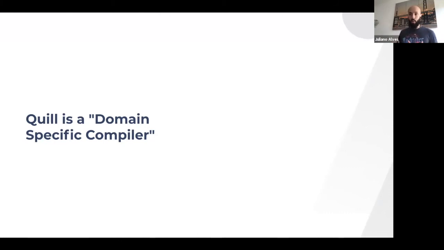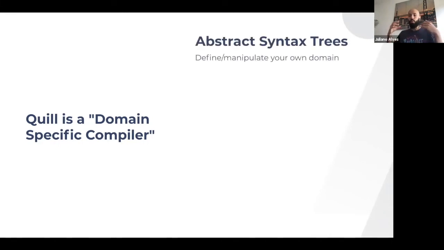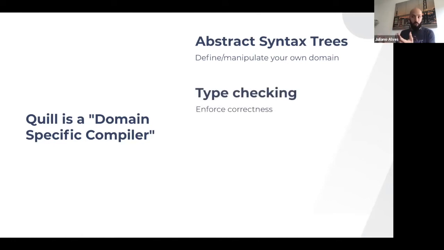That's what we do with Quill, using the compiler and using the knowledge and the resources the compiler provides us. Through building our own AST, we can define and manipulate our own domain, right? So that gives us, then again, using the compiler, we have the type checking, so we have correctness.